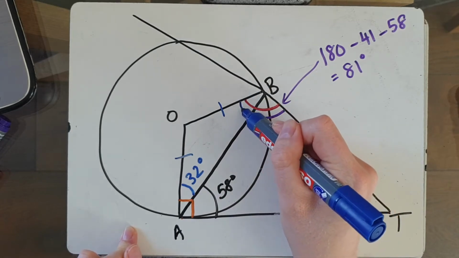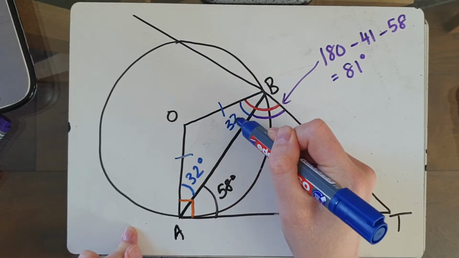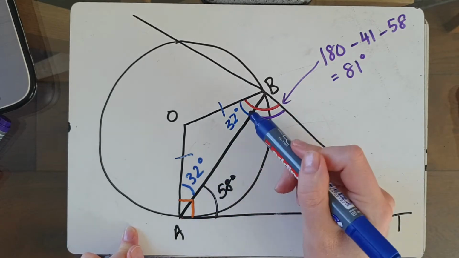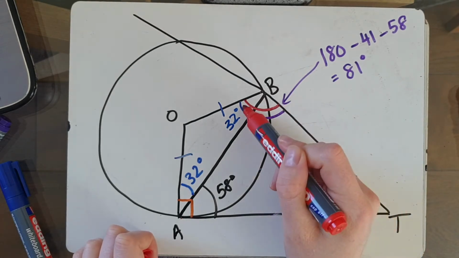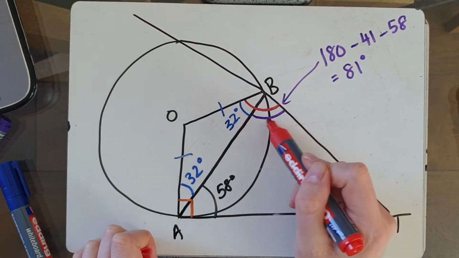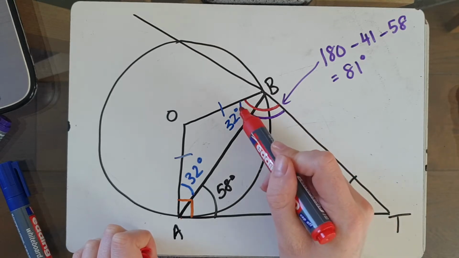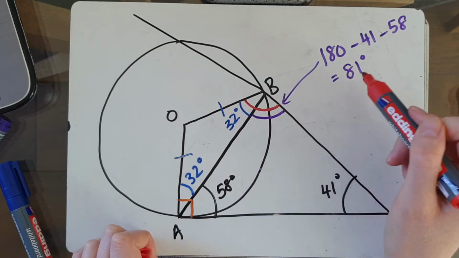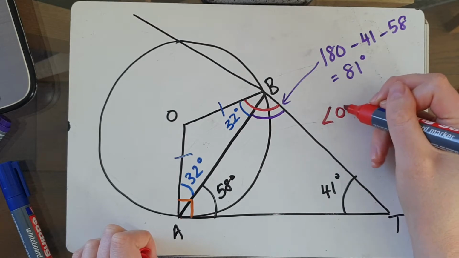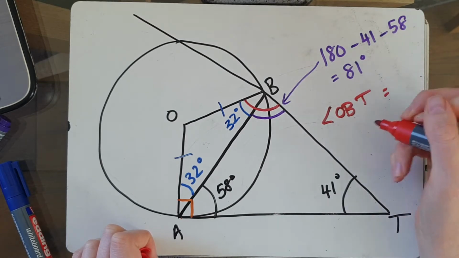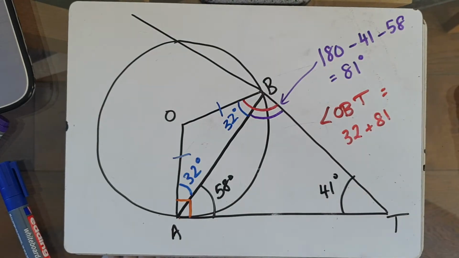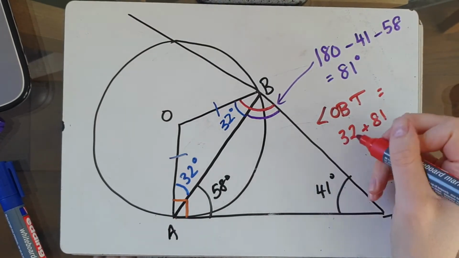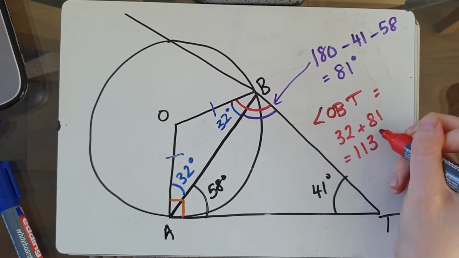So this little angle here must also be 32 degrees because it's base angles of an isosceles triangle. Which means this full red angle is the blue angle plus the purple angle. So it would be this 32 plus this 81. So angle OBT is going to be equal to 32 plus 81. So that gives us an answer of 113 degrees.